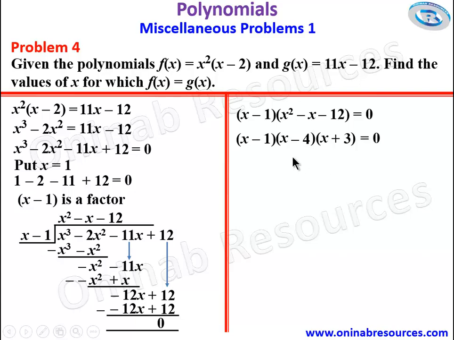This is equal to 0, which means x minus 1 is equal to 0 and x is equal to 1. x minus 4 is equal to 0, x is equal to 4. x plus 3 is equal to 0, x is equal to negative 3. So these are the values of x for which f of x is equal to g of x. And we are done with solution to problem 4.